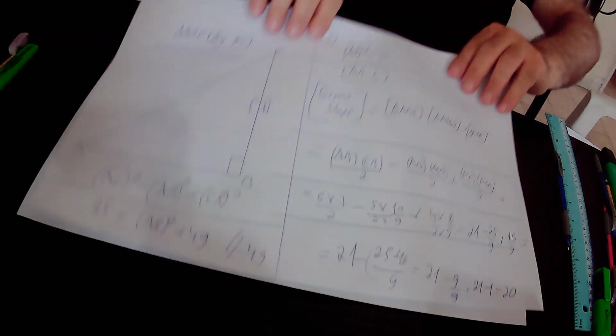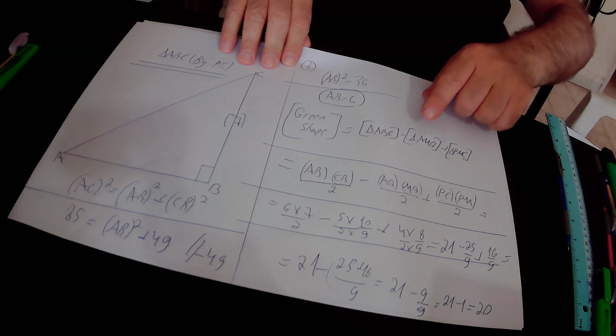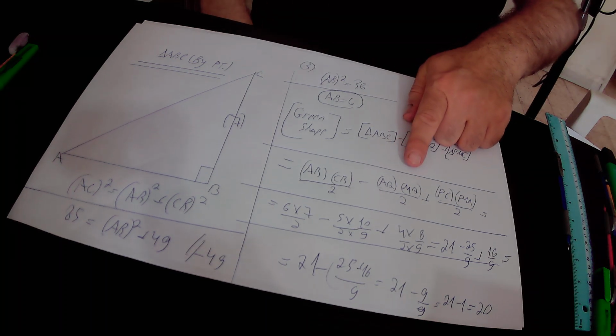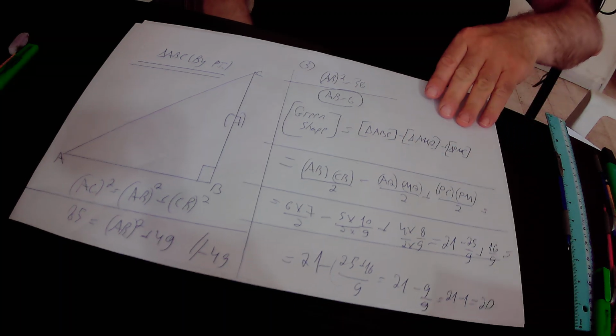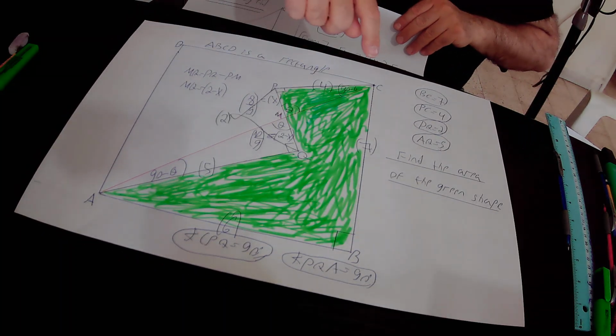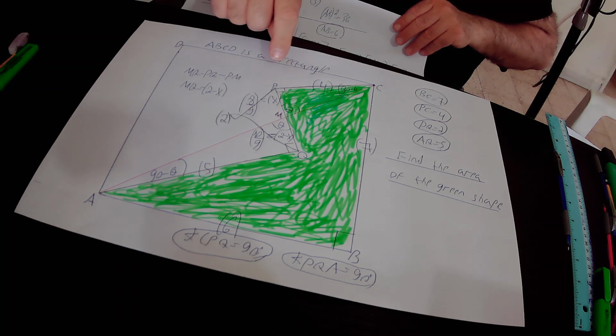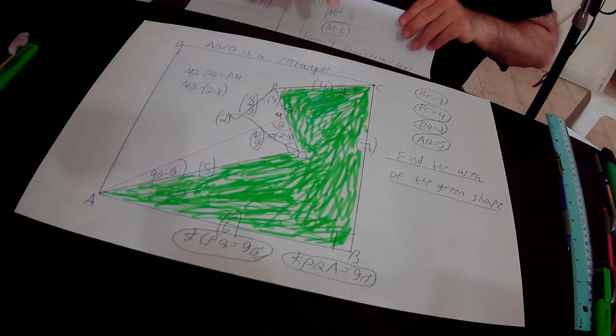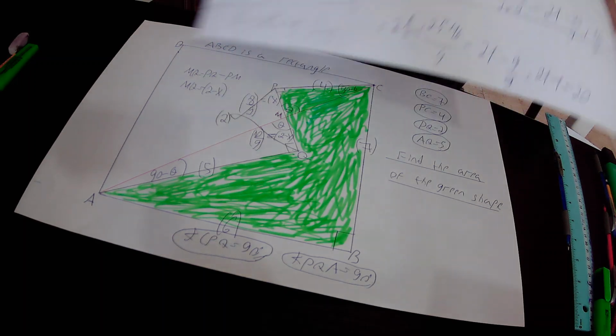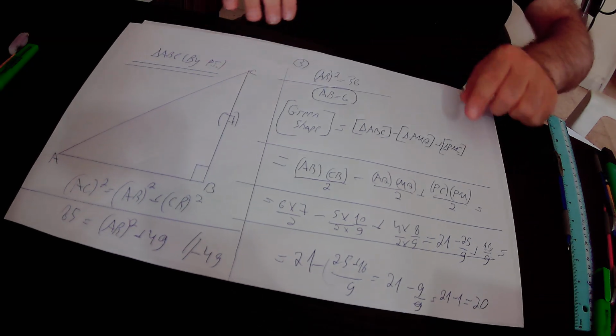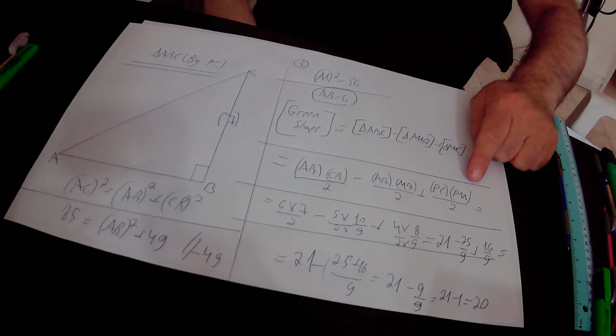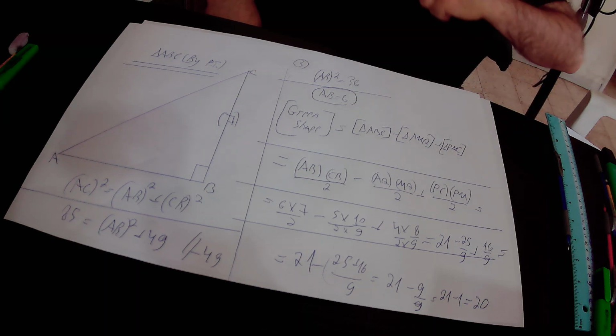The area of the small green right triangle PMC equals the base that is PC times the height to the base that is PM, over 2. Repeat again, the area of the small green right triangle PMC equals the base PC times the height PM over 2.